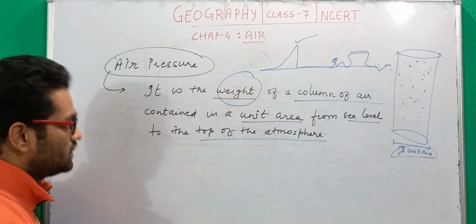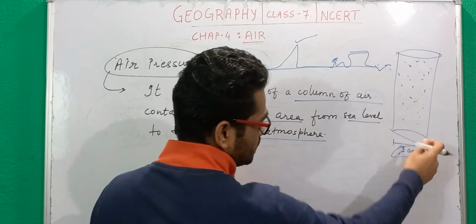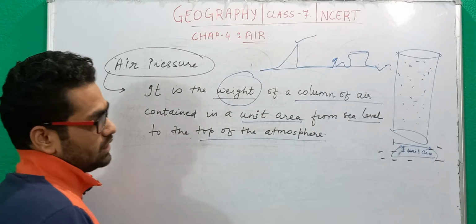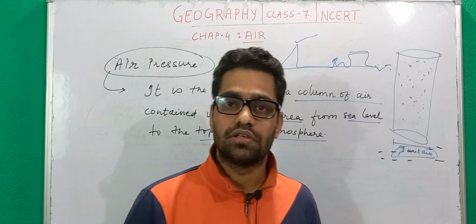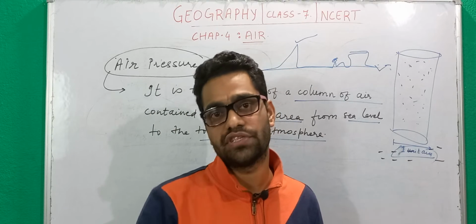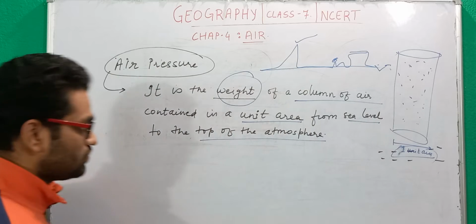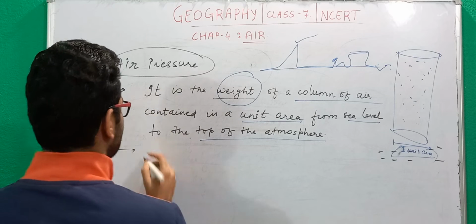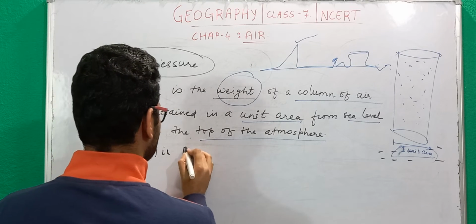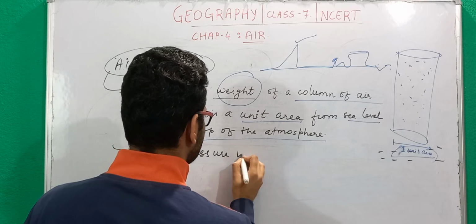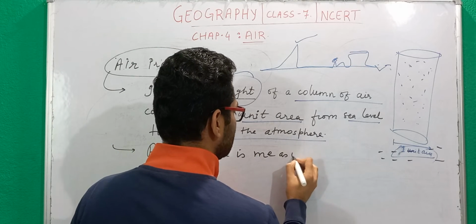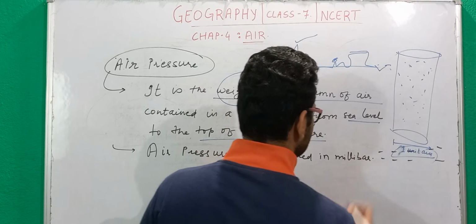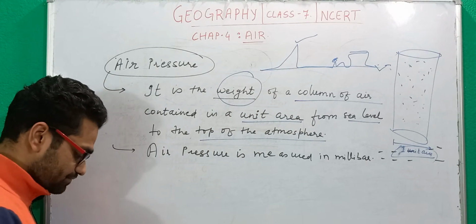So we take the weight of the column of air from sea level up to the top of the atmosphere, and this weight is called air pressure. When I am measuring something, we will have a unit. So this air pressure is measured in millibar, right?